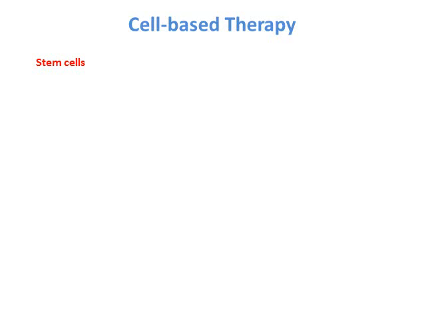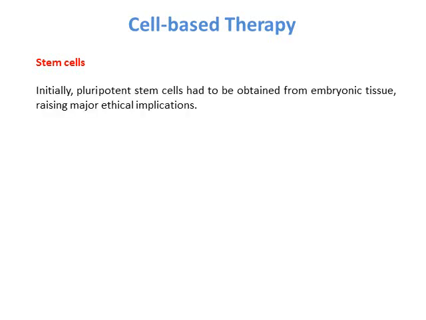Okay, so I mentioned earlier that there were some ethical issues around the use of stem cells for research, and all of that is a consequence of how we used to have to isolate these stem cells, or where these stem cells, particularly the pluripotent stem cells, were derived from. Up until very recently, the only way that we could actually get hold of human pluripotent stem cells was to isolate them from embryonic tissues.